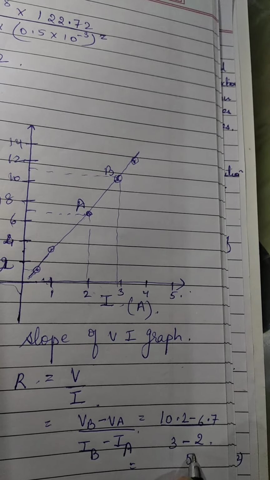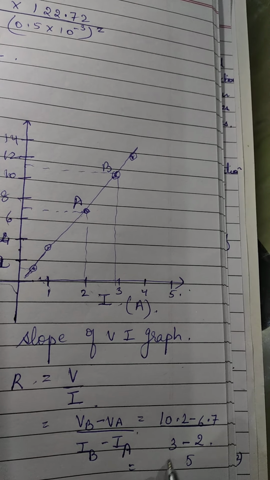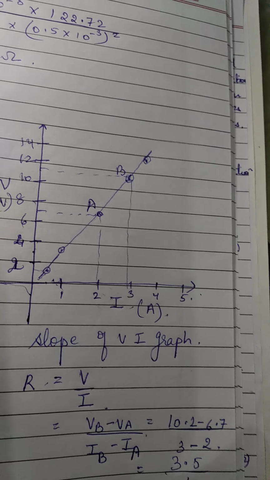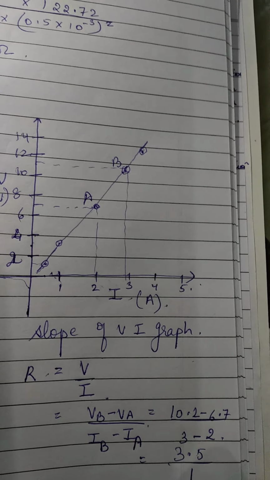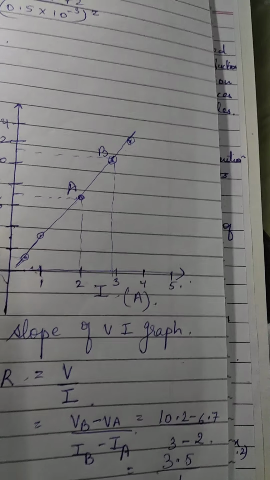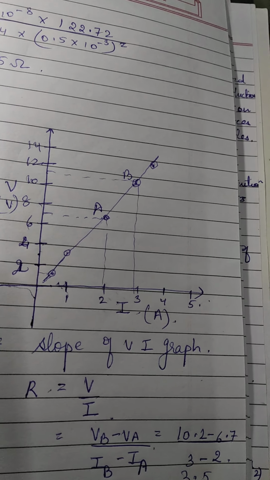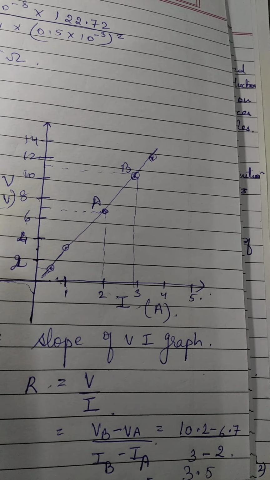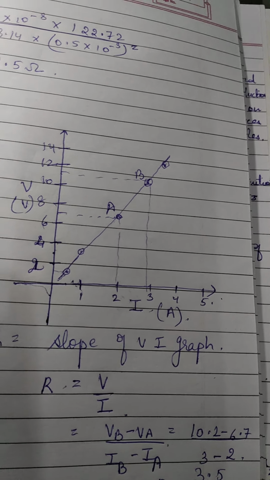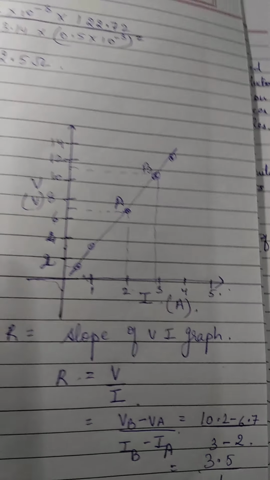So we get 3.5. So the value of resistance is 3.5 ohm. And anywhere if you calculate this value, it will be approximately the same.